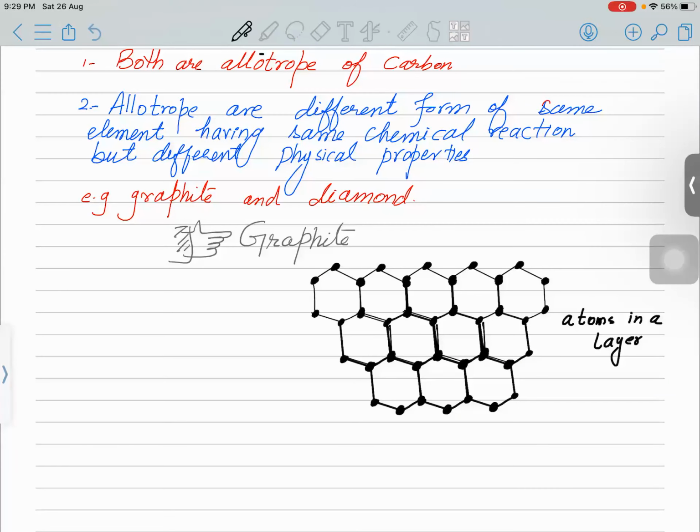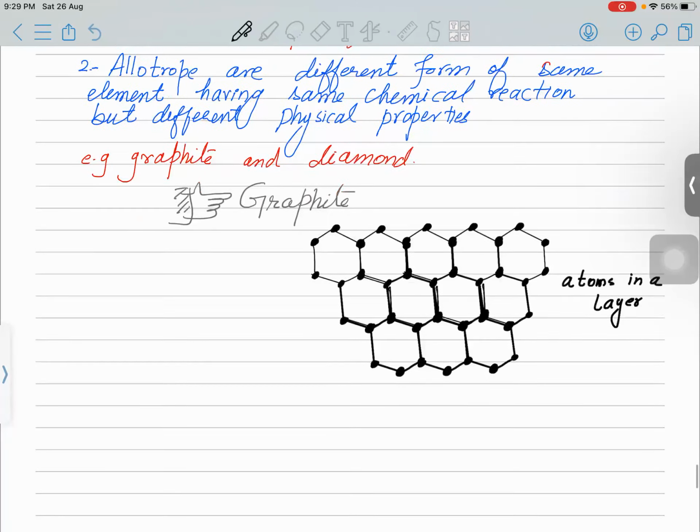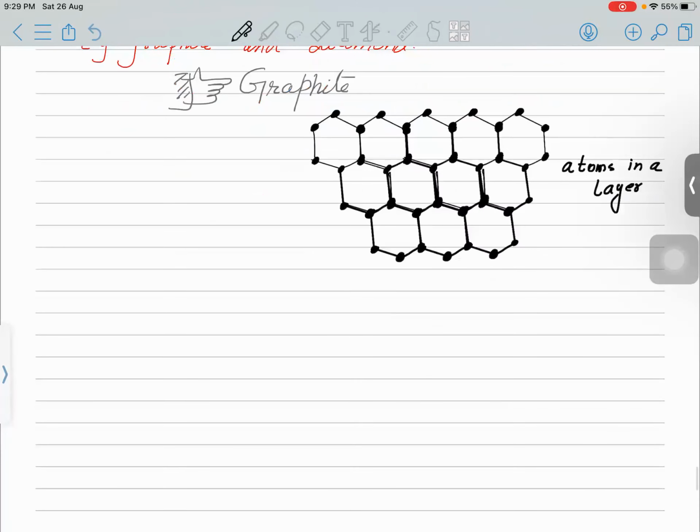Look at another structure of graphite, right? So this is one layer, right? Atoms in a layer. Now I am showing atoms in two layers.